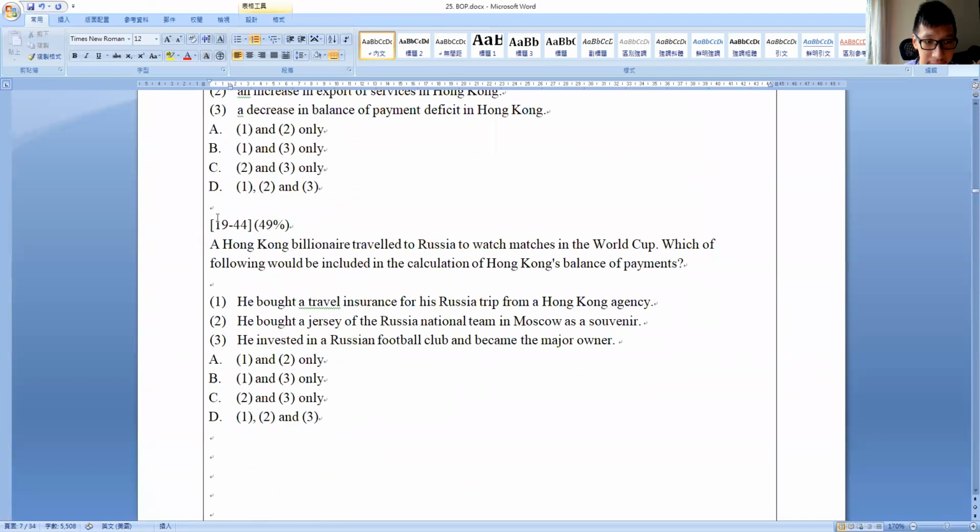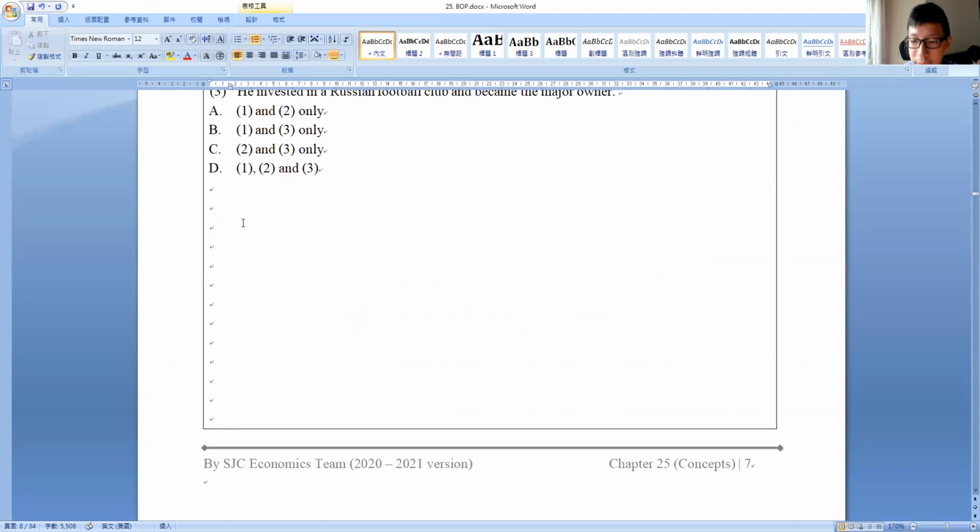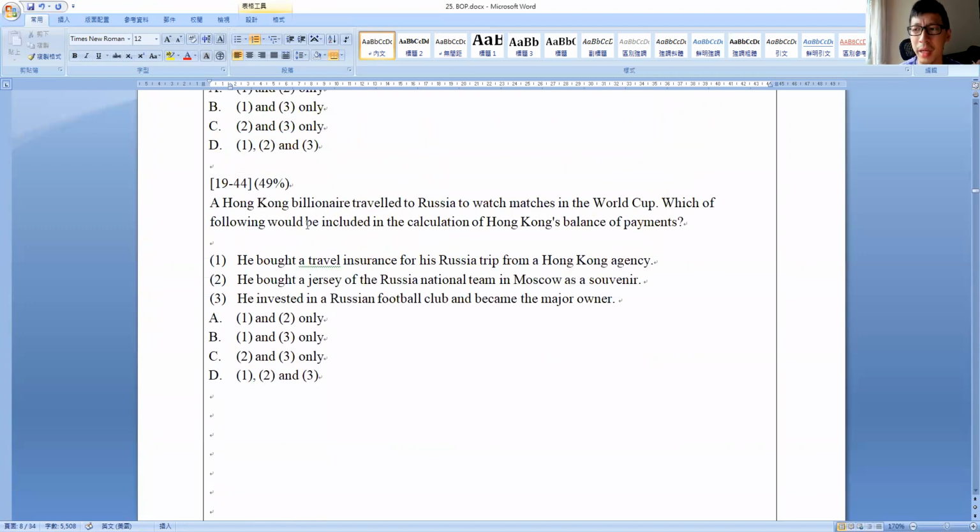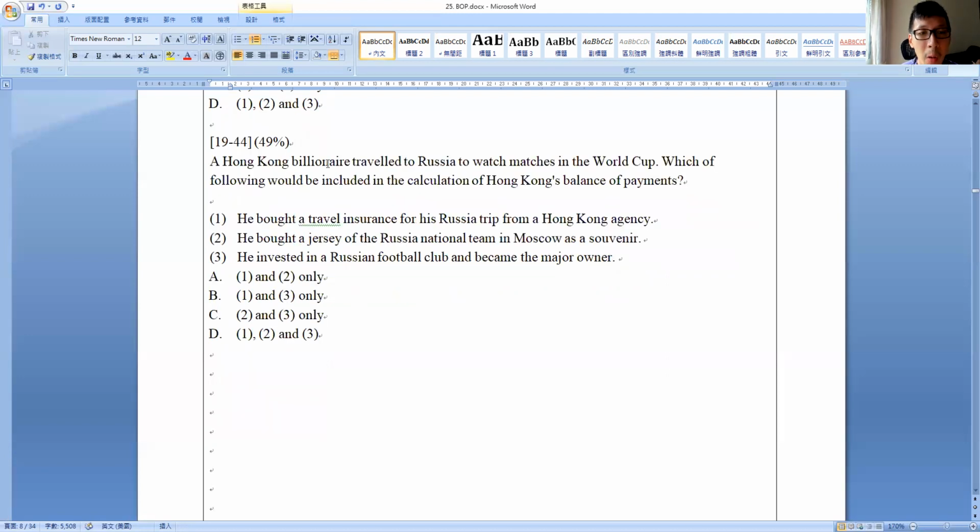Now let's look at here. The question on the next page, 2019, question 44. A Hong Kong billionaire traveled to Russia to watch a World Cup. Now, which of the following would be included in the Hong Kong balance of payment? Now we know there is a Hong Kong person.